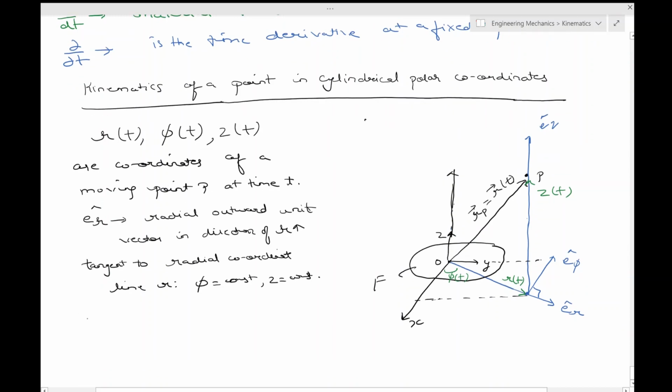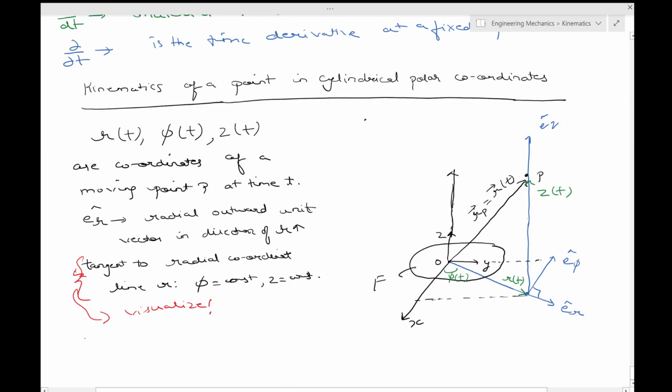Similarly E phi, so this is something which you should be able to visualize. In this particular diagram you should be able to visualize this, so this is a good time to pause the video to do that.